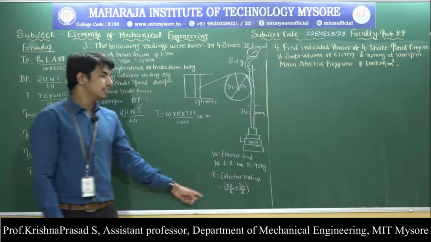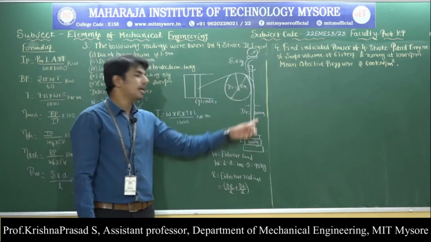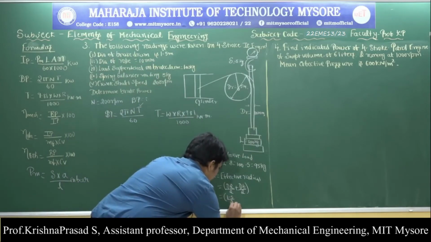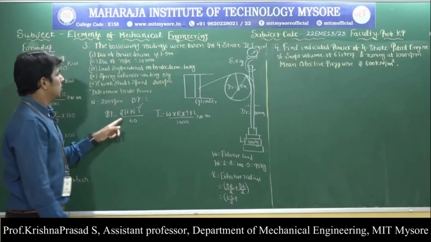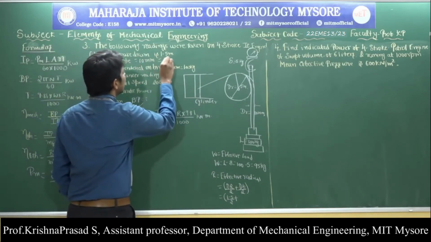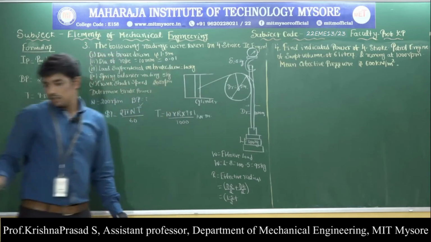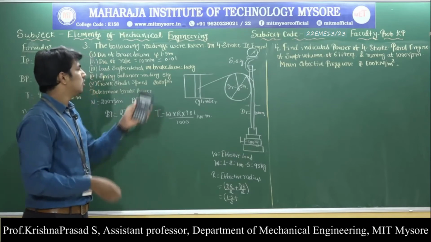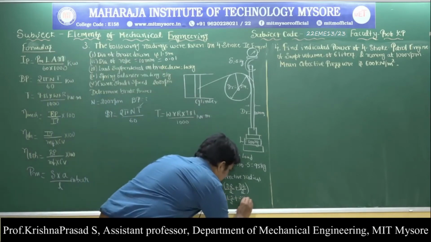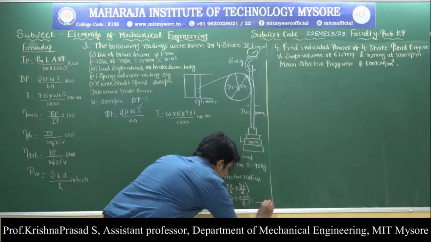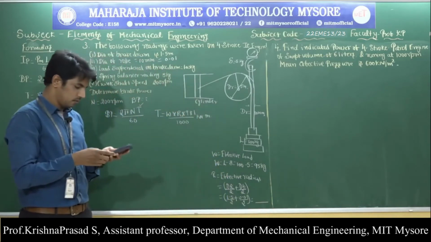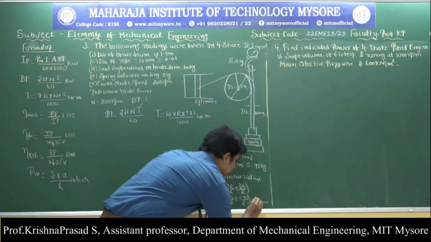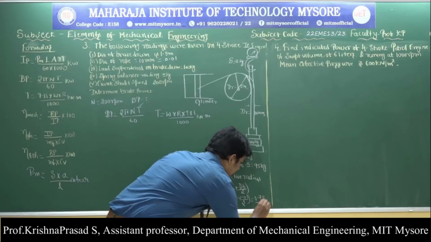Dr by 2, that is the diameter of the brake drum, plus Db by 2, where Db is the diameter of the rope. So that is 1.5 divided by 2 plus, here they have given 10 millimeter, so you need to take only 0.01, that is 10 by 1000, that is 0.01 divided by 2. So the effective radius is 0.755.